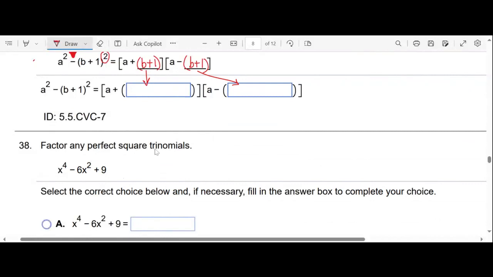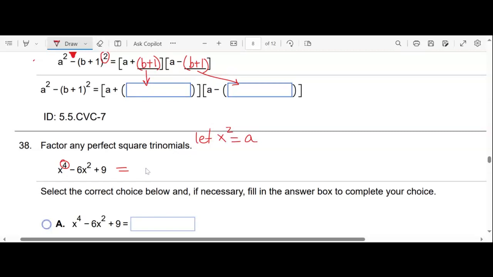Factor any perfect square trinomial. So first, this is x to the power 4. Let's make it easy for us. Let's say x squared equals a.